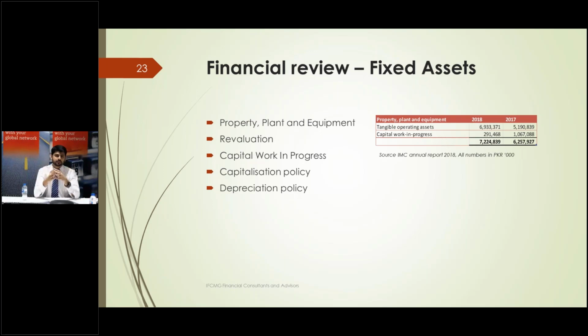We need to review the capitalization policy, whether the assets in capital work in progress are indeed fit for capitalization as per the company policy. The second thing we need to consider is aging: how long has that fixed asset been in capital work in progress?